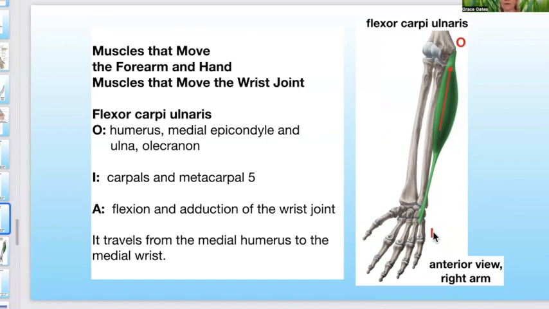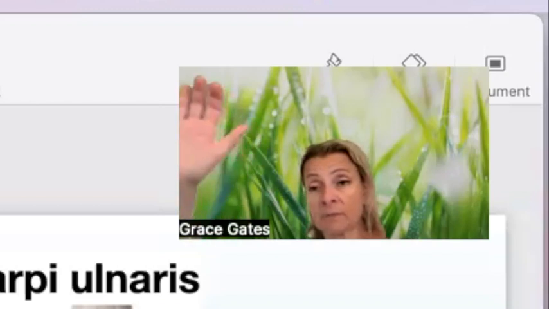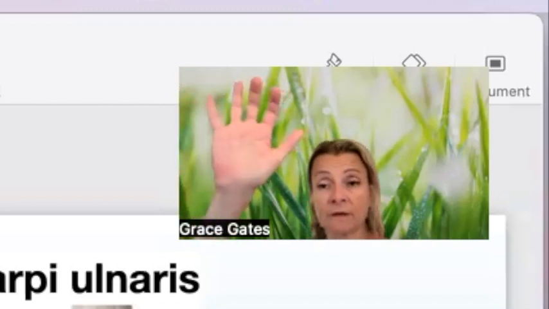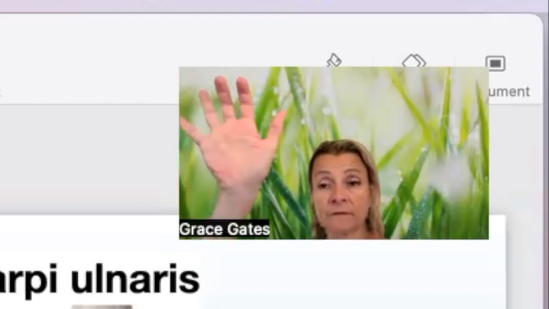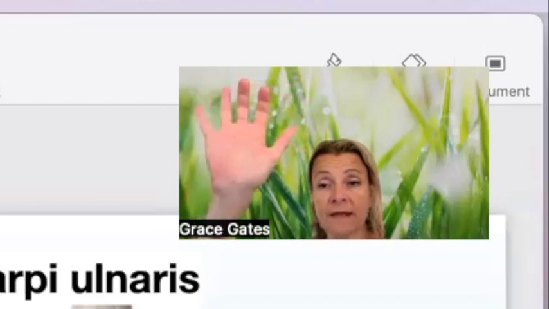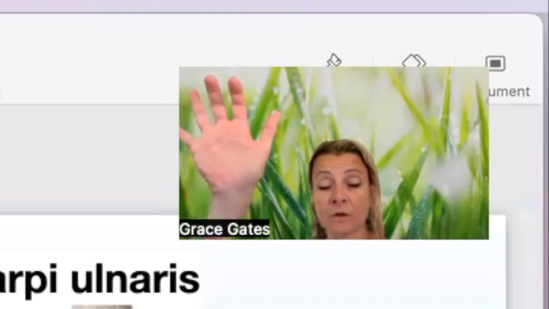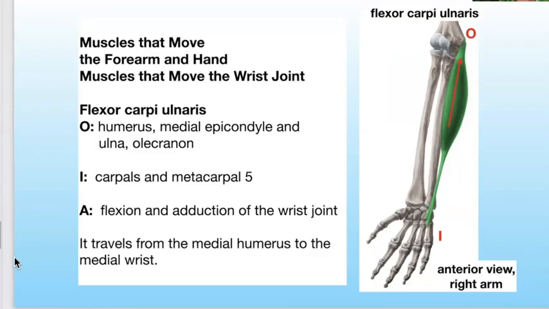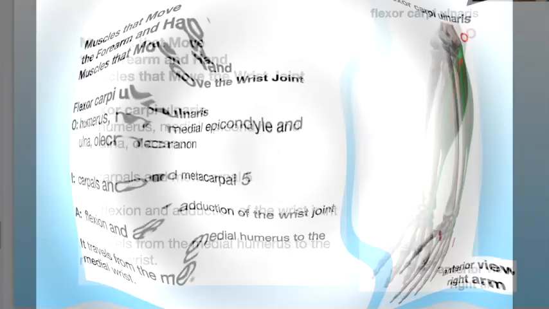And if you remember that adduction is bringing something closer to the midline of the body, you can imagine taking the wrist joint and moving the pinky closer to the midline of the body. It's hard for me to show you my hand in anatomical position in the little tiny picture of me. So I won't try. I'll do it in class maybe. So those are our 3 flexors.